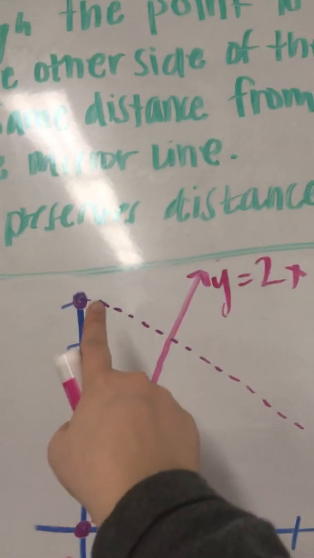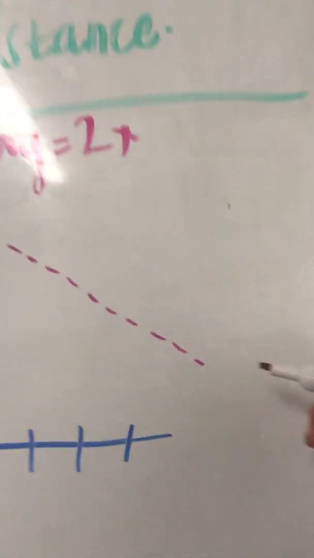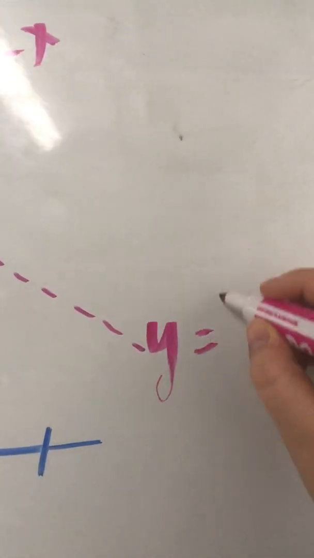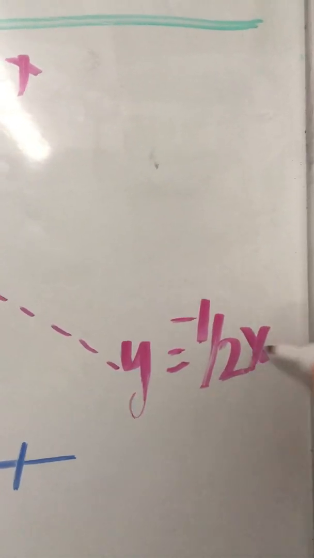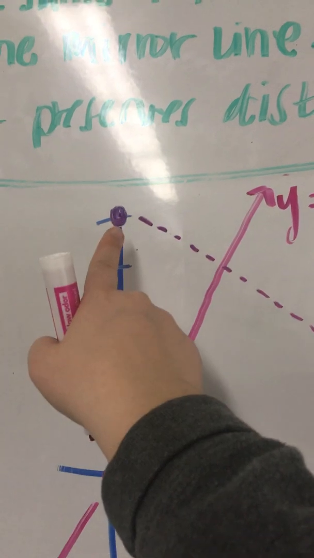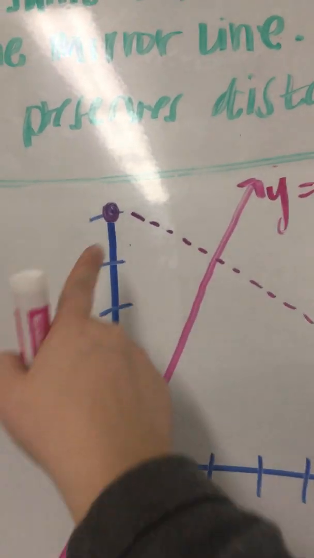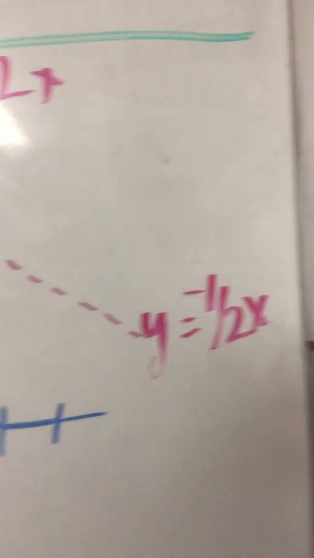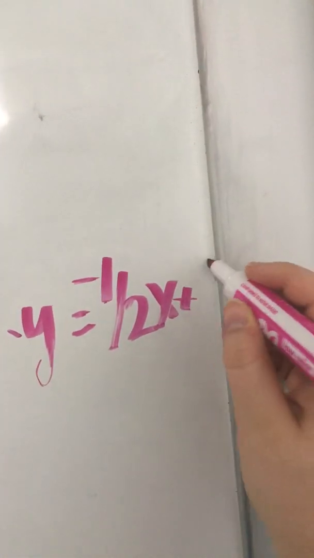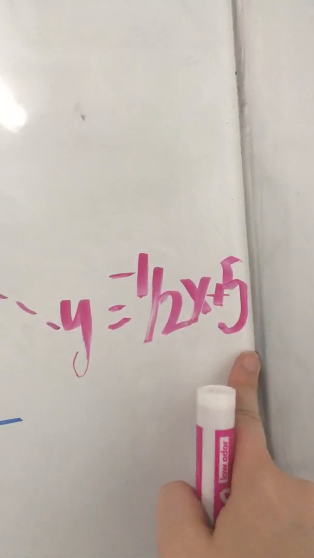And so this is going to be our perpendicular line, which is y equals -1/2 x. And then we do have our y-intercept there along this line if you were to extend it, but we know it's 5.